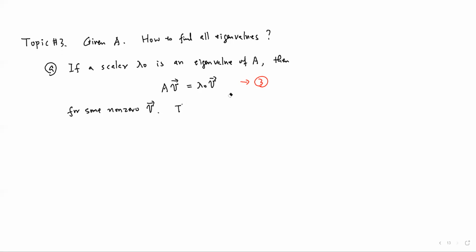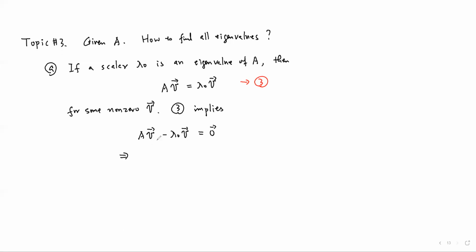Equation 3 implies the following equation. I move the right side to the left side. The right side is a vector. I move the vector on the right to the left. Then the right side is 0 vector.